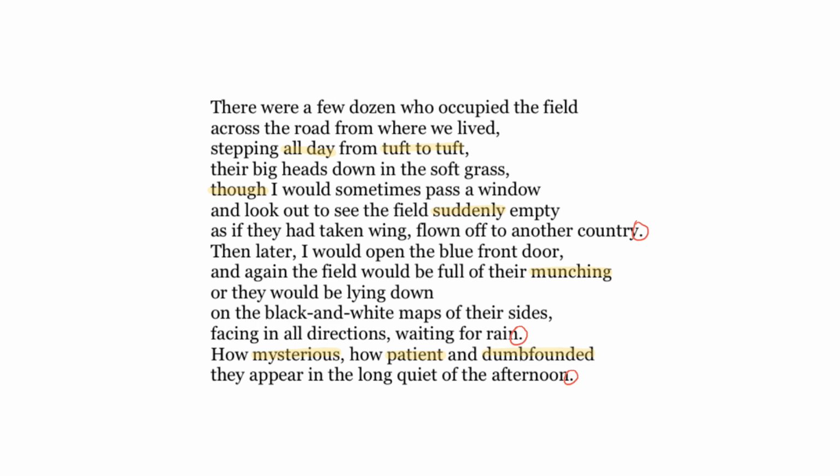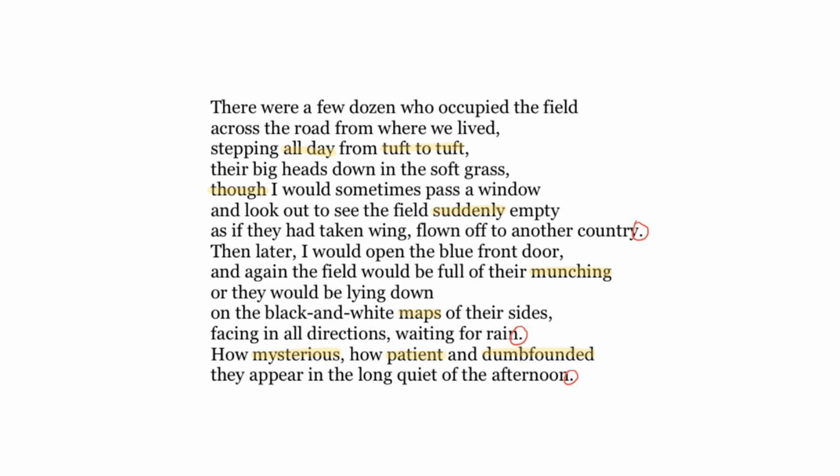Or they would be lying down on the black and white maps of their sides, facing in all directions, waiting for rain. We had the simile of taking wing and flying off to another country, so you might make a link between maps and country. Going off to another country suggests travel in different locations, and the image of maps for the patterning on their hides reinforces that.